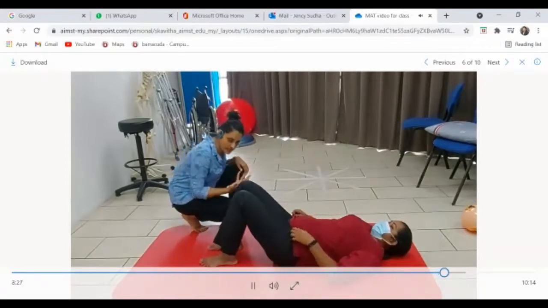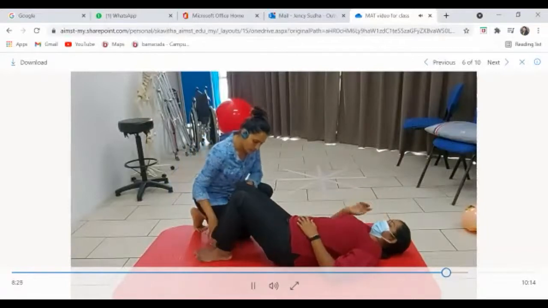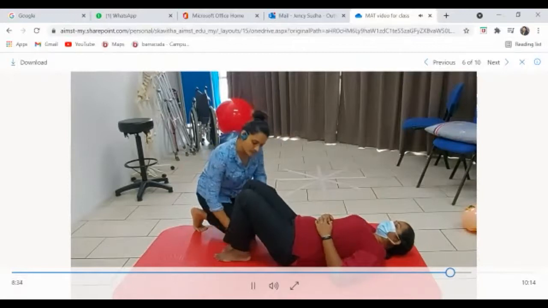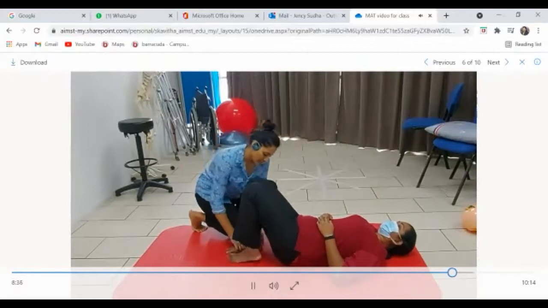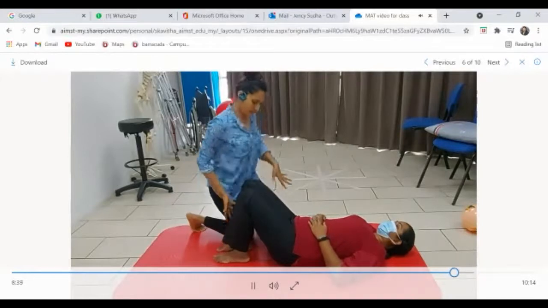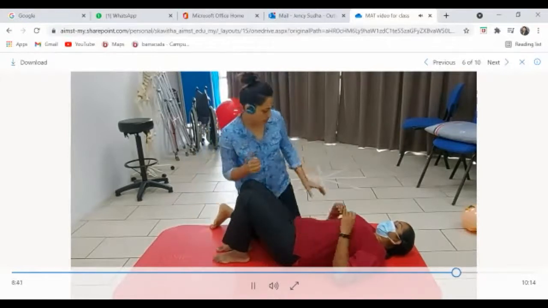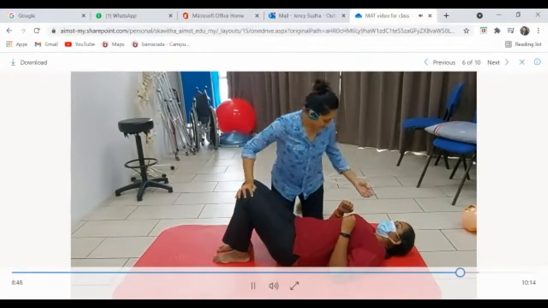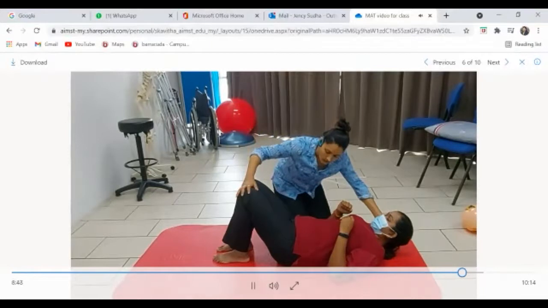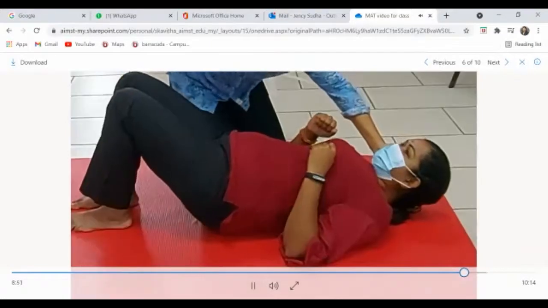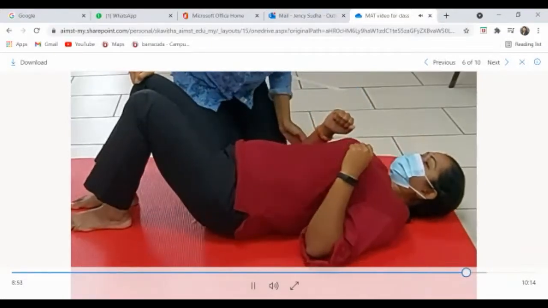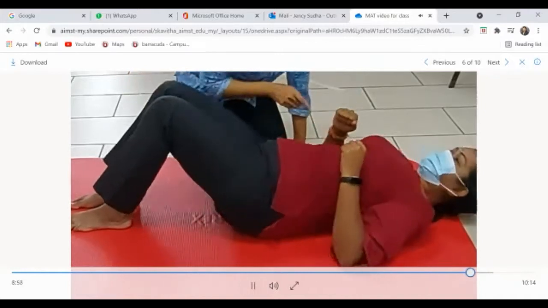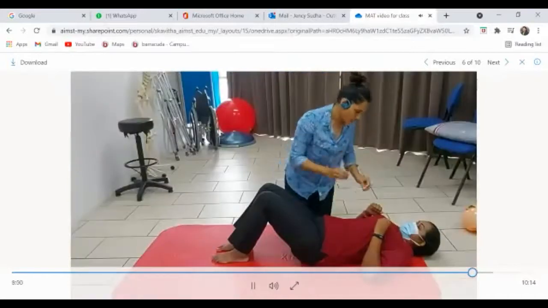Keep the knee as close as possible to the buttock, elbow pushing like this, and slight flexion of the neck. She will push from the leg and from the hand at the same time. Once she does that, exactly. That's all. Now, small movement.